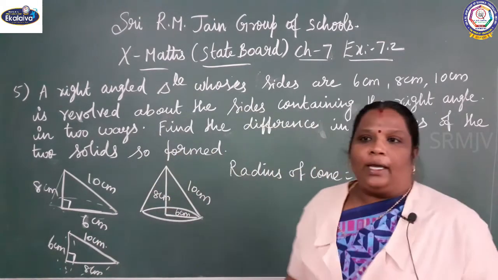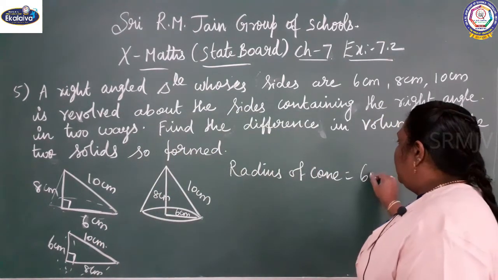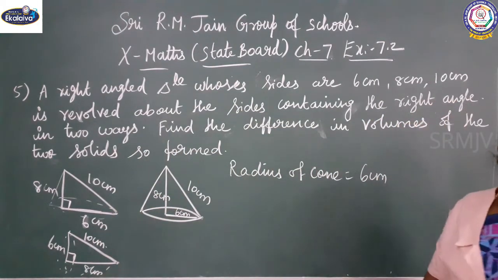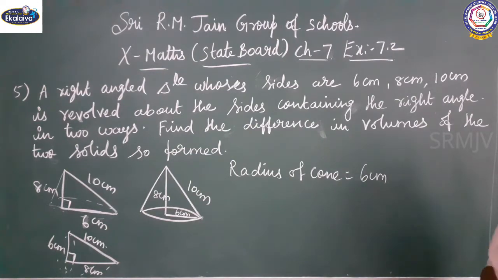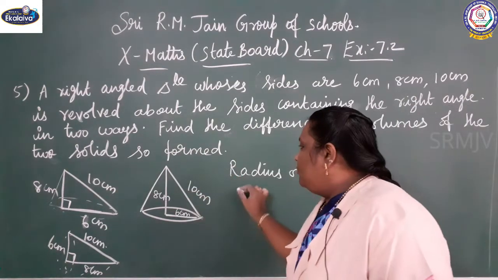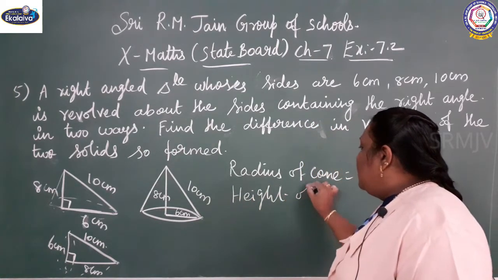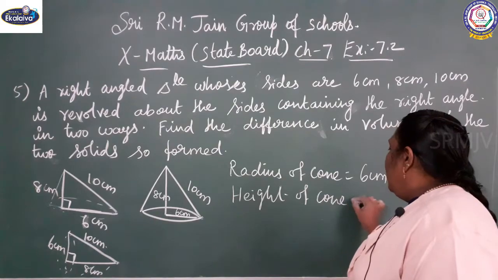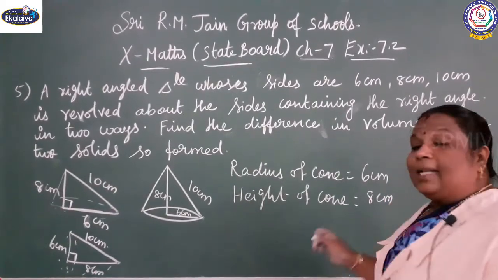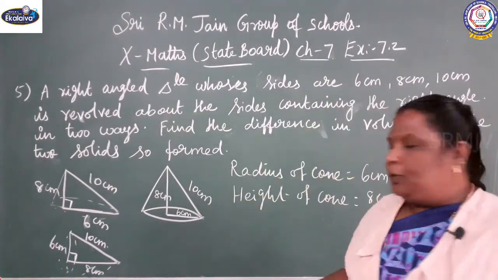Radius of cone equal to 6 cm, and height is nothing but the vertical height of the cone, equal to 8 cm.